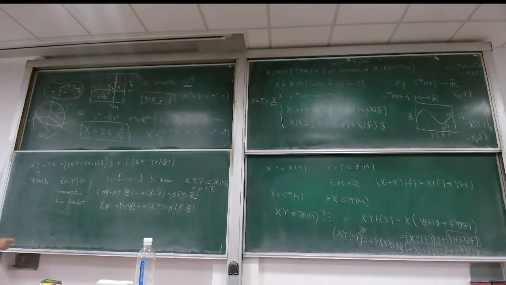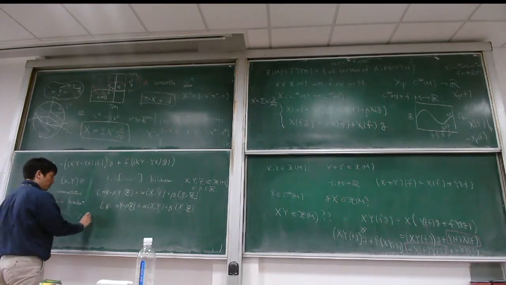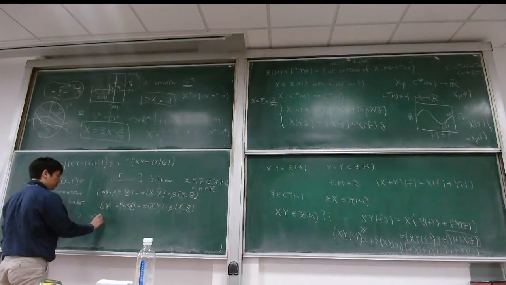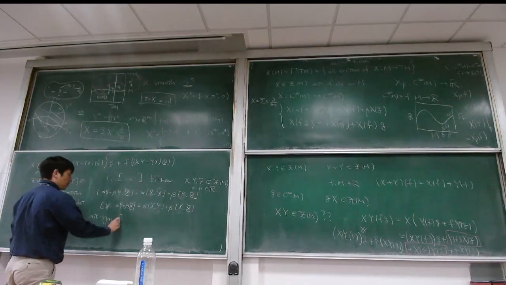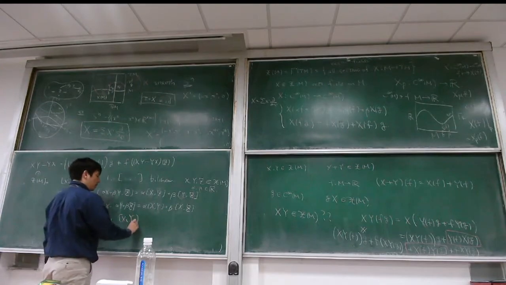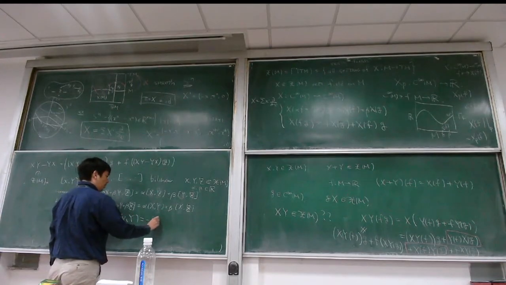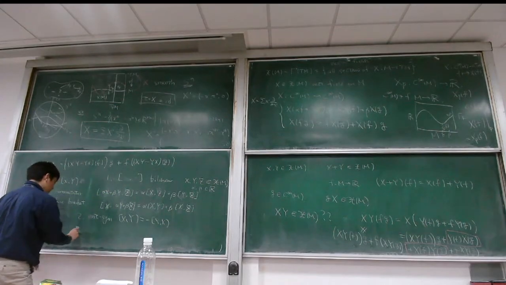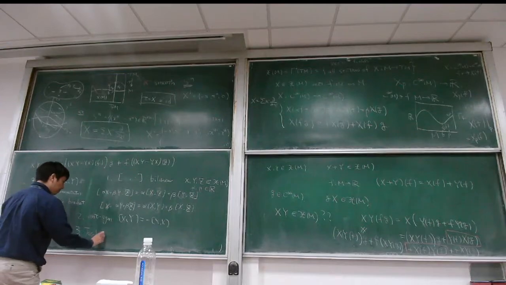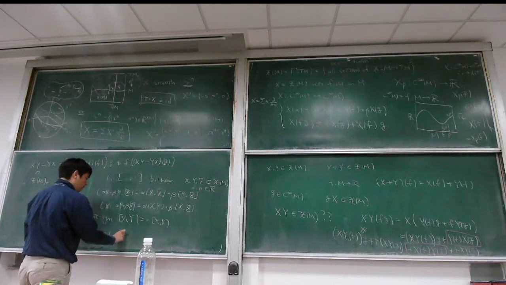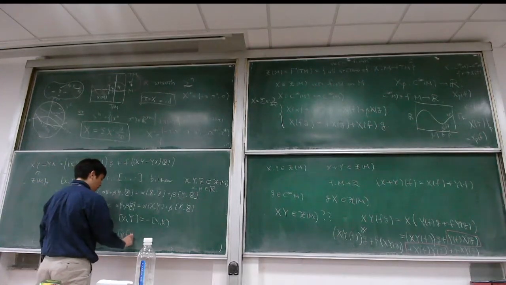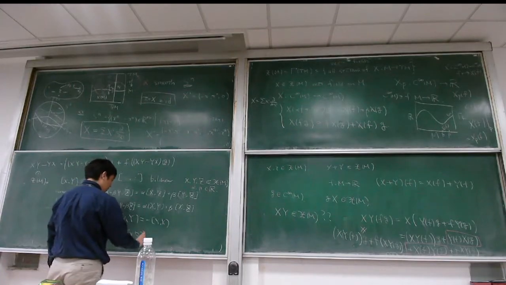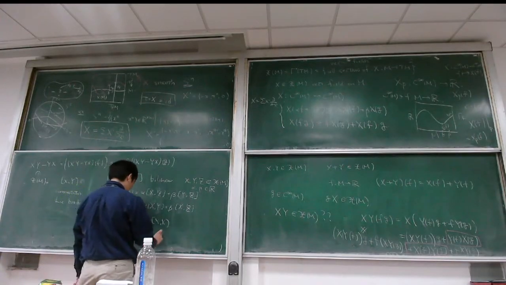And second, it's anti-symmetric, which means XY is equal to minus YX. And famously, it satisfies the Jacobi identity. It is X, Y, Z, plus everything cyclic.